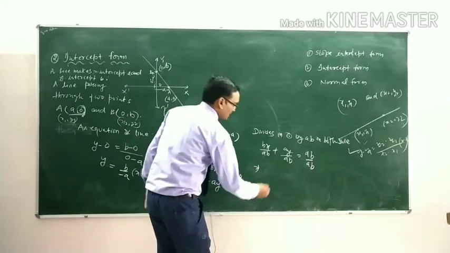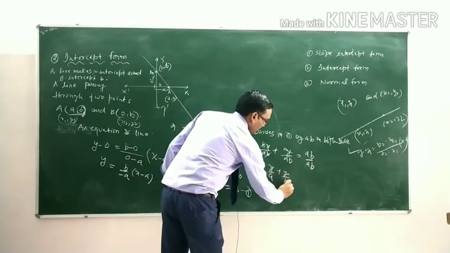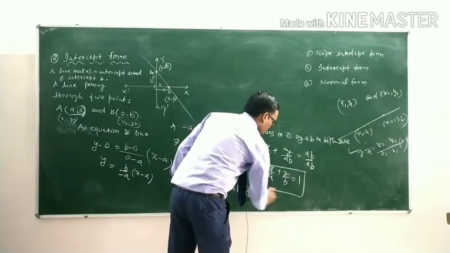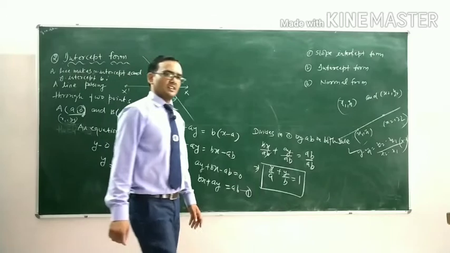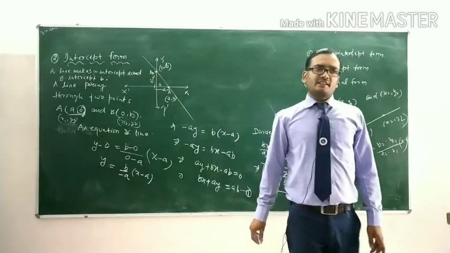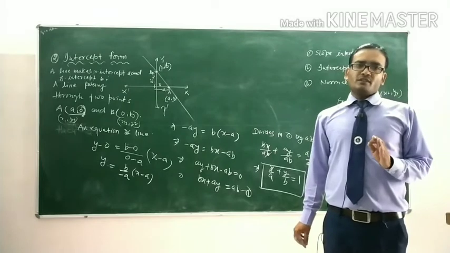This implies that x upon a plus y upon b equal to 1, which is the equation of the straight line that makes x intercept a and y intercept b.